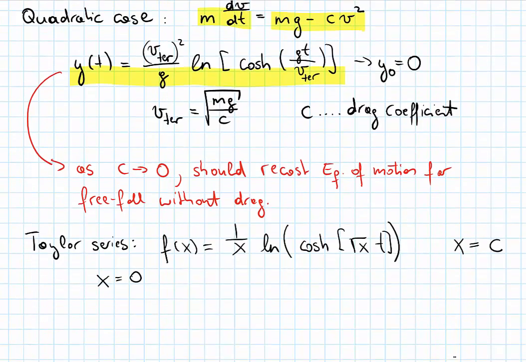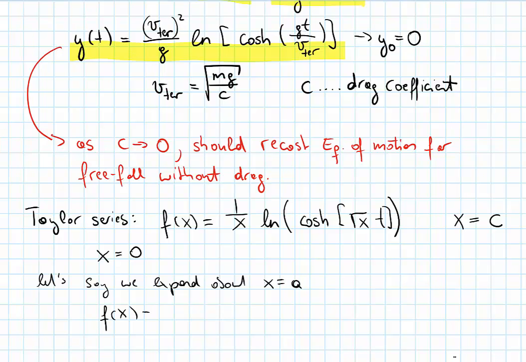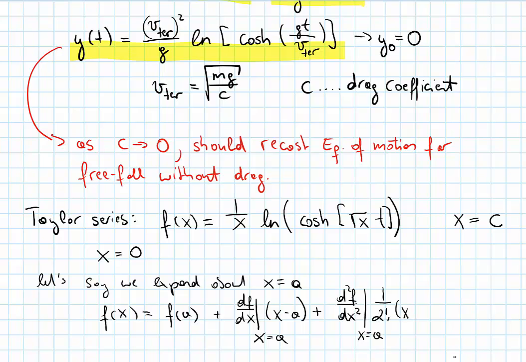So as you might know already, if you do a Taylor series expansion and let's say we expanded about x equals a, in this case you know that you have to write f of x equals the function evaluated at a, plus df over dx evaluated at a, so where x equals a, times x minus a, plus the second derivative of f with respect to x, again evaluated at x equals a, times 1 over 2 factorial times x minus a squared.